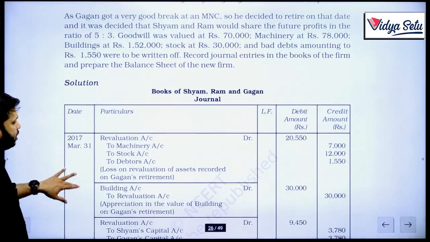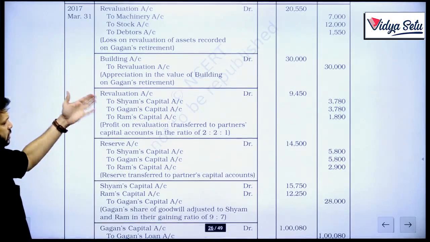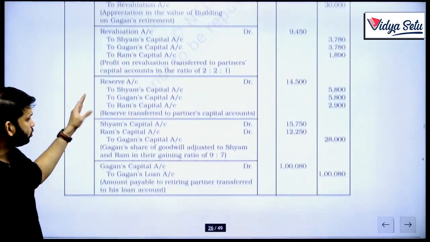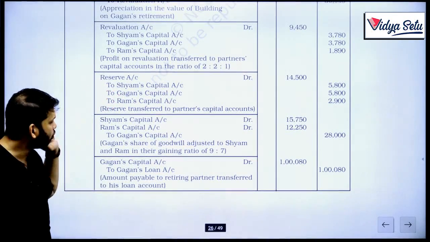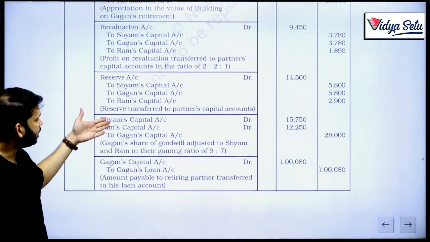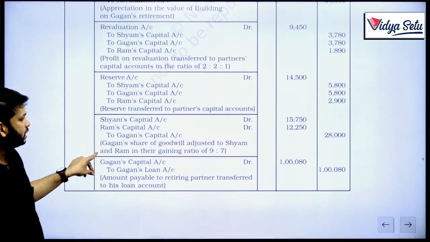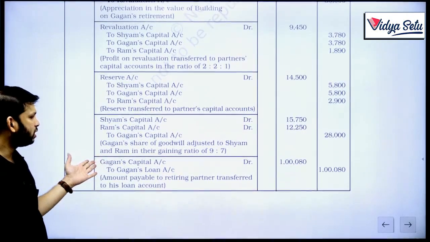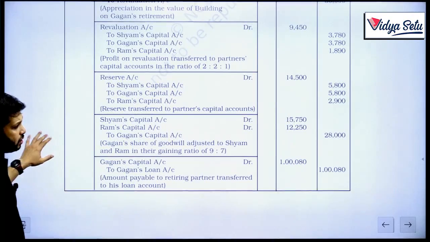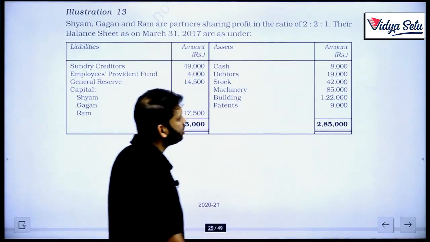So it is very simple. We already know the revaluation entries; the revaluation profit is given to all the partners in the old ratio. Reserve is to be distributed among all the partners in the old ratio. Now what is this? This is an adjustment for goodwill, from gaining partners to the sacrificing partner. Now see, the total amount payable to him was 1,80,000, but you can see how much cash the firm has, 8,000.